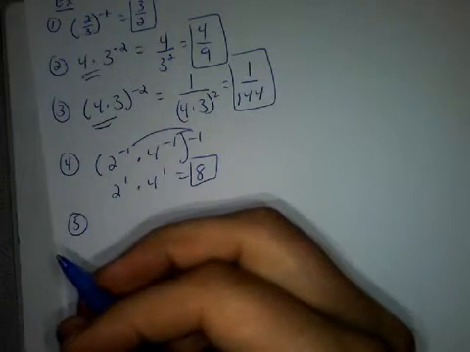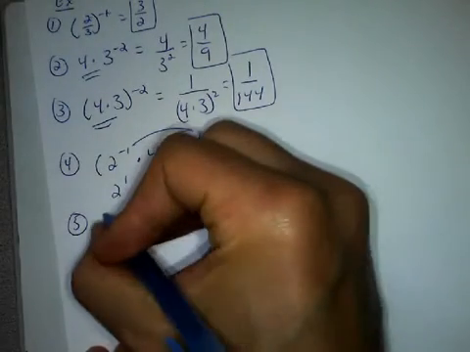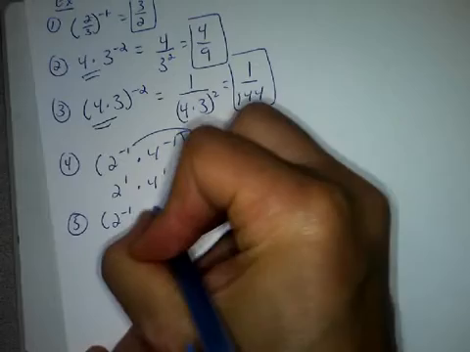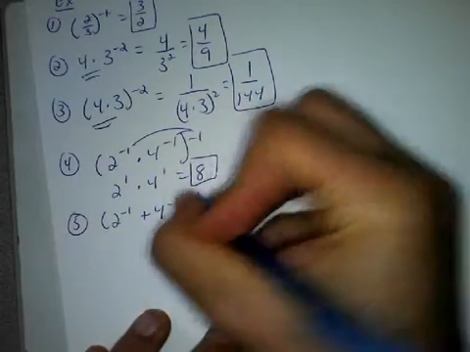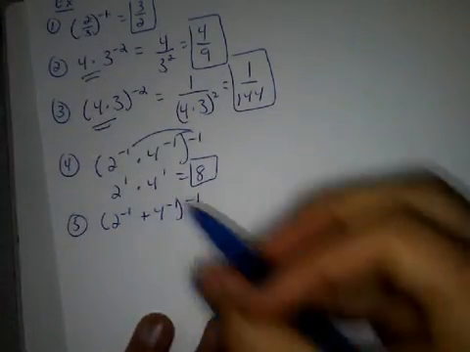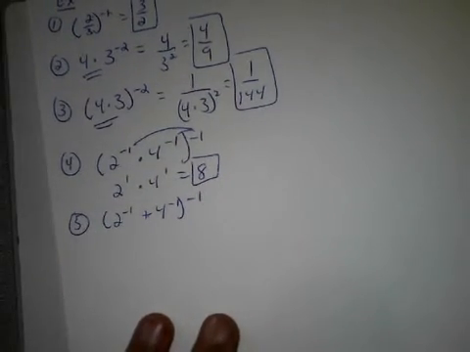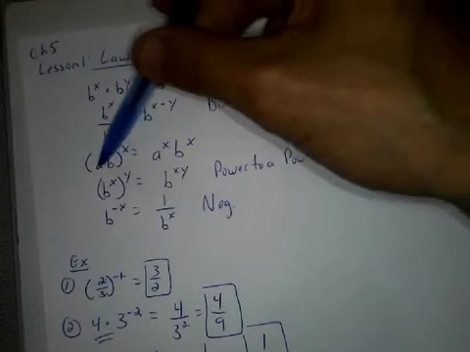The harder version says 2 to negative 1 plus 4 to negative 1, all to the negative 1. This cannot be distributed in because it's a plus sign. The only way we can distribute in is if it is a product.